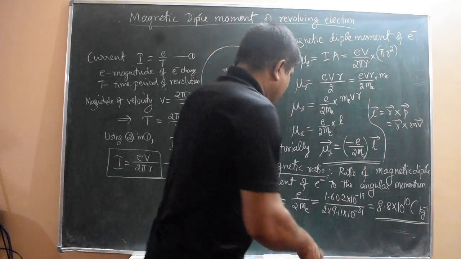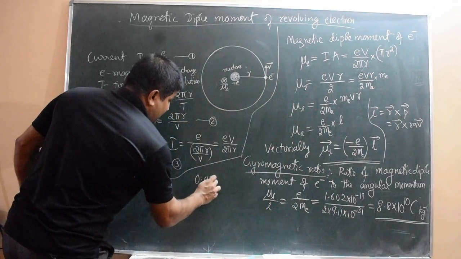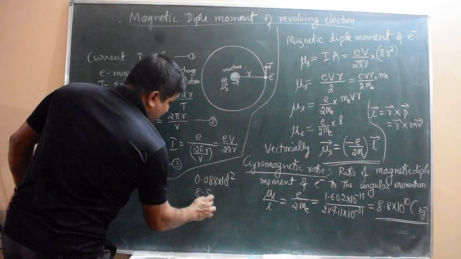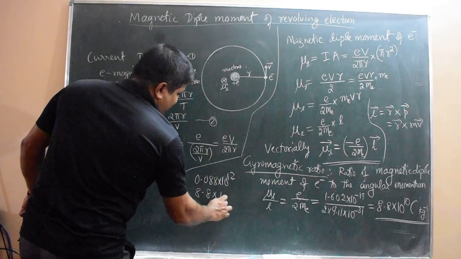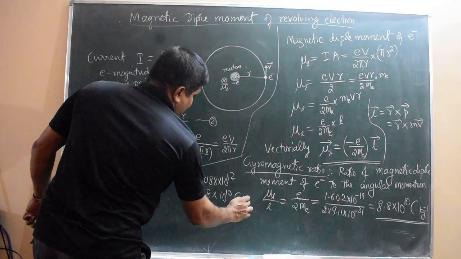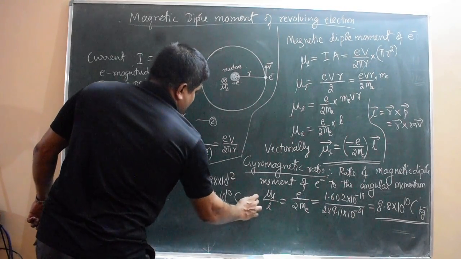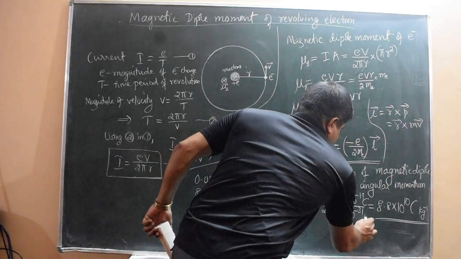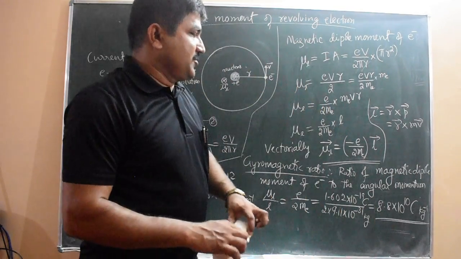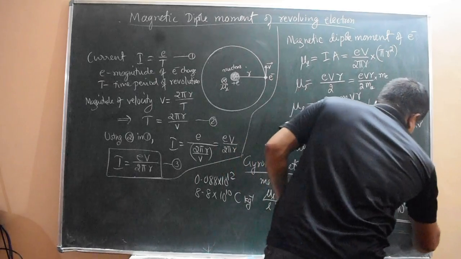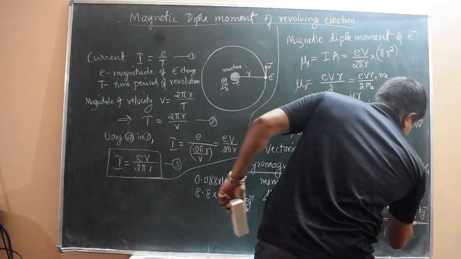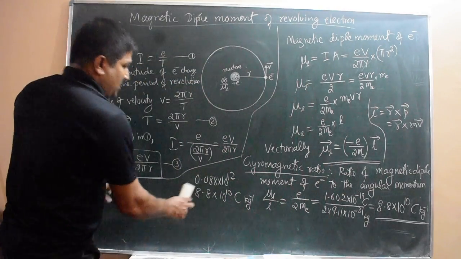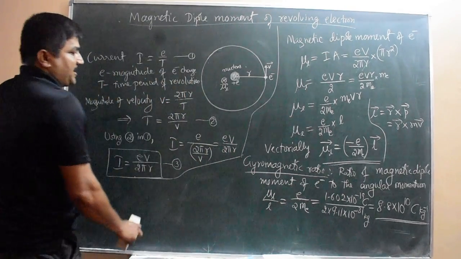So 0.088 into 10 power 12, I write as 8.8 into 10 power 10. The unit is coulomb per kg, because coulomb is the unit of charge and this is mass in kg. So the unit of gyromagnetic ratio is coulomb per kg. That's all about the gyromagnetic ratio.